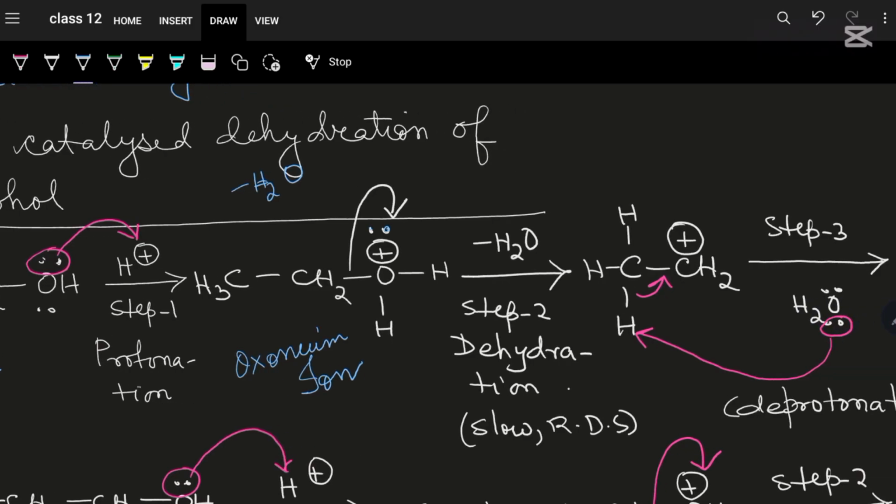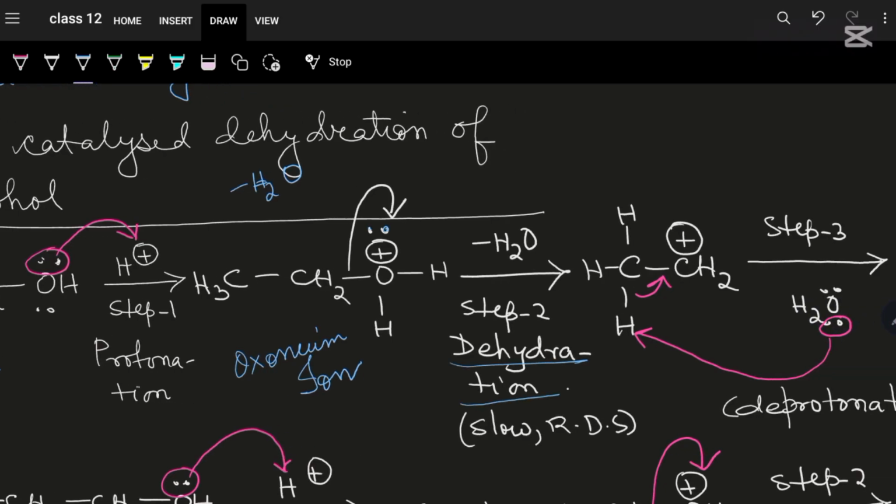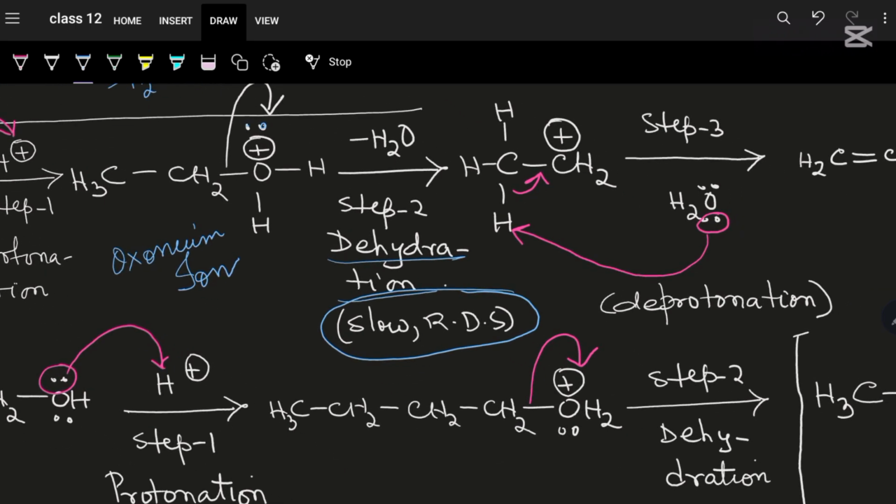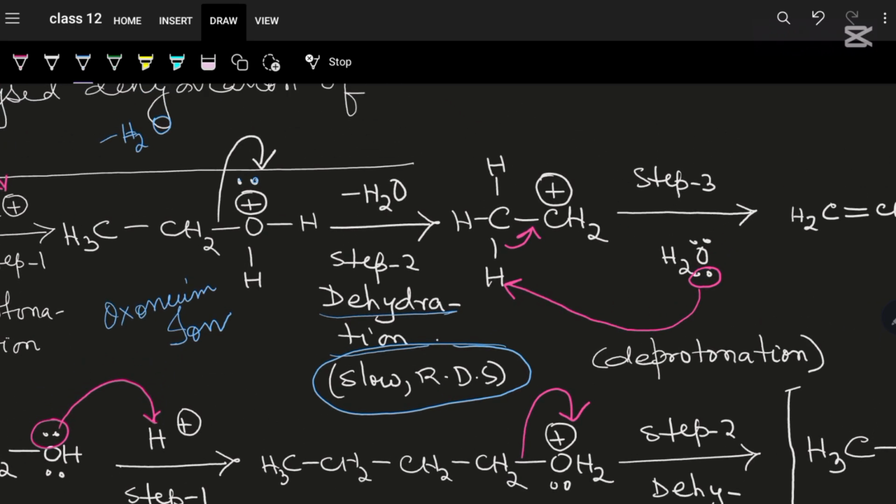Now here in step 2 there is dehydration and formation of the carbocation, and so this is your slow rate determining step, RDS. So obviously the rate of the reaction will depend on the stability of the carbocation.